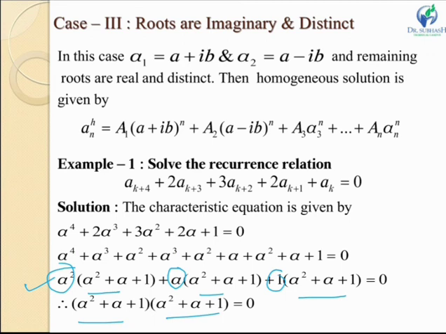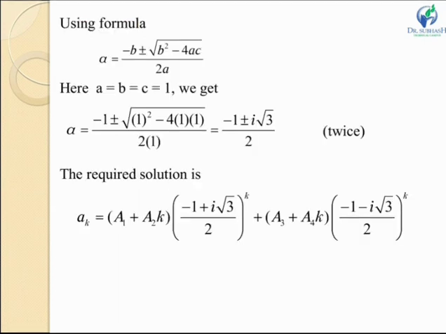So here you can see that these are repeated 2 times. Now we have to find the value of this equation first. So we will use the formula alpha equal to minus b plus or minus under root of b square minus 4ac upon 2a. Here the coefficient of alpha square is 1, so a equal to 1.